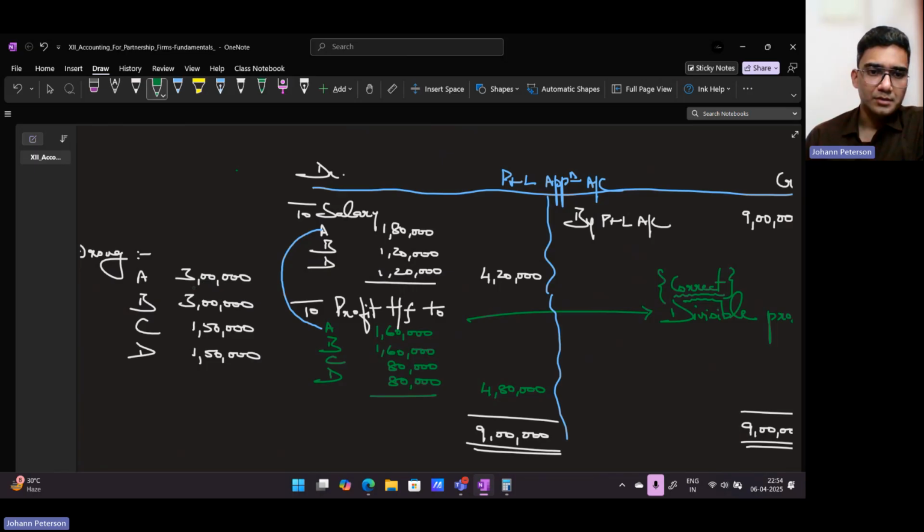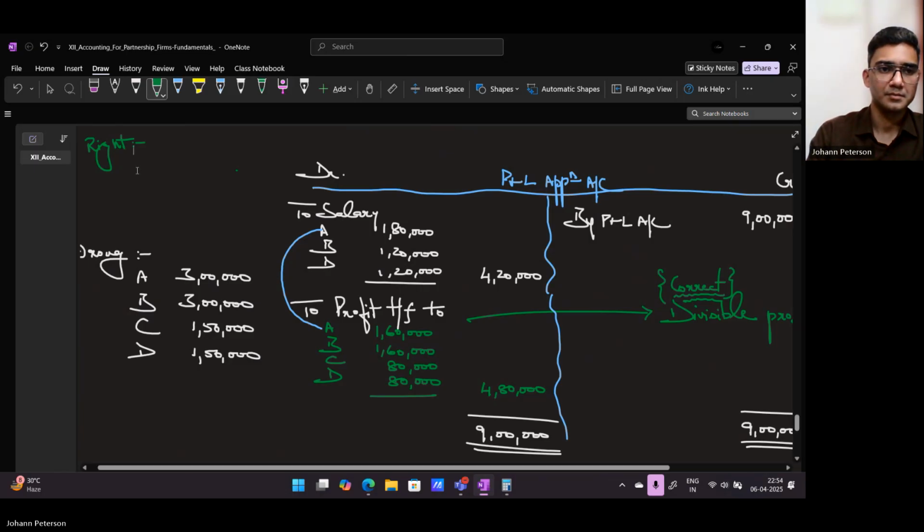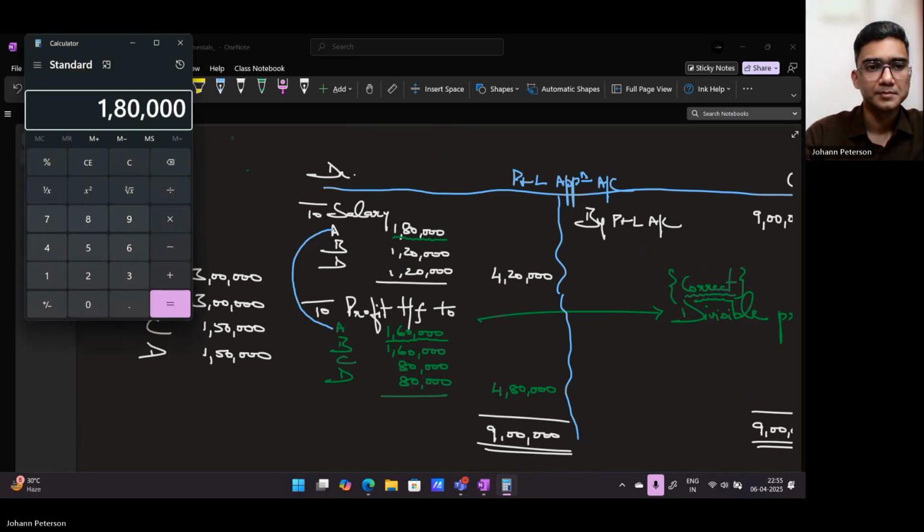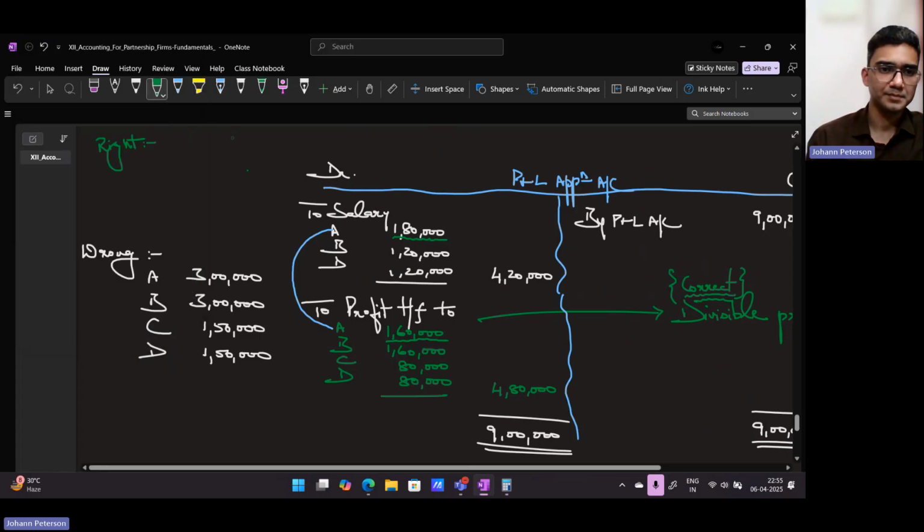So in the wrong way, A has got 3 lakh, but in the right way, A has got how much? In the right way, A has got 180 plus 160, which is 340.